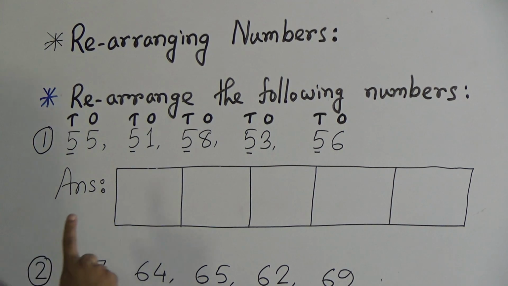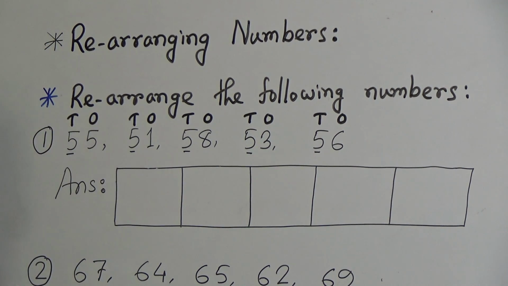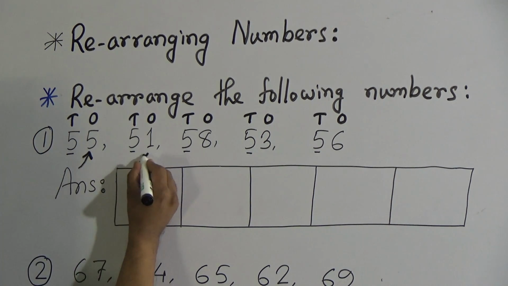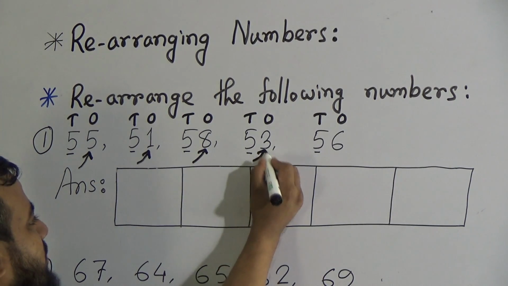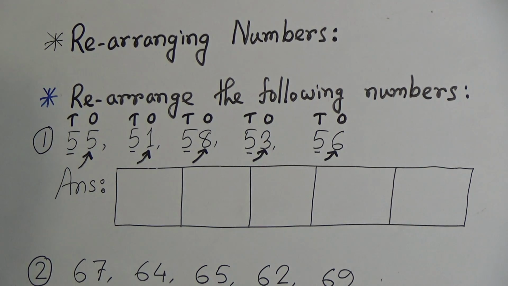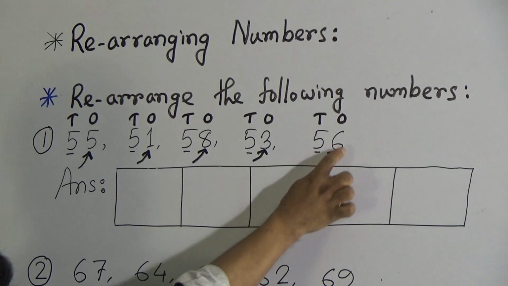That's why we should go to the immediate right place of the 10's place. The immediate right place of the 10's place is 1's place. Among these 1's places, we have 5, 1, 8, 3 and 6.